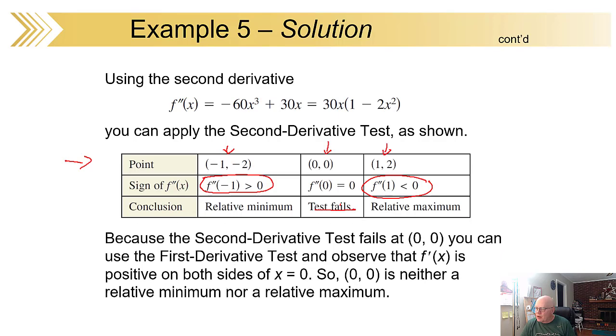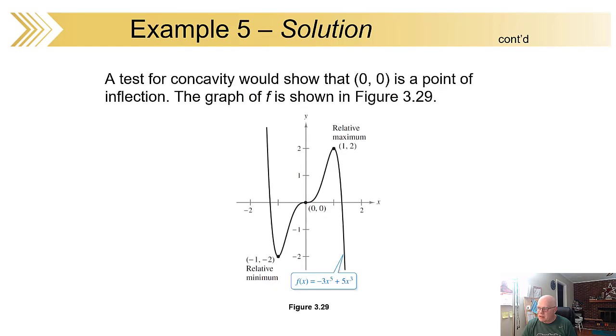Add those to your growing list of notes. You're going to be able to use these notes on any test, so it's very, very important. So the test for concavity would show that, notice this was a relative minimum, okay, you can see that.